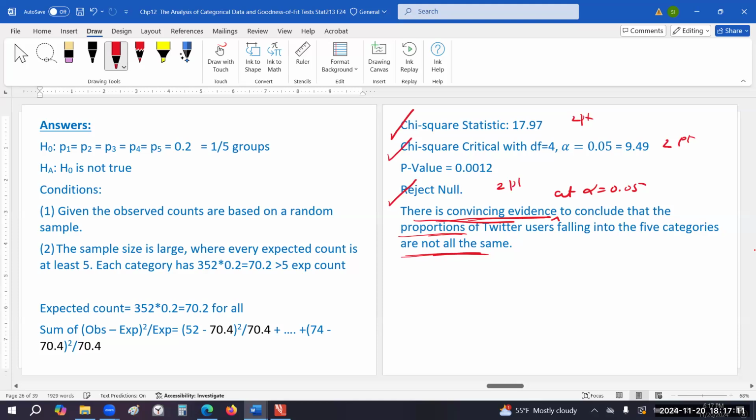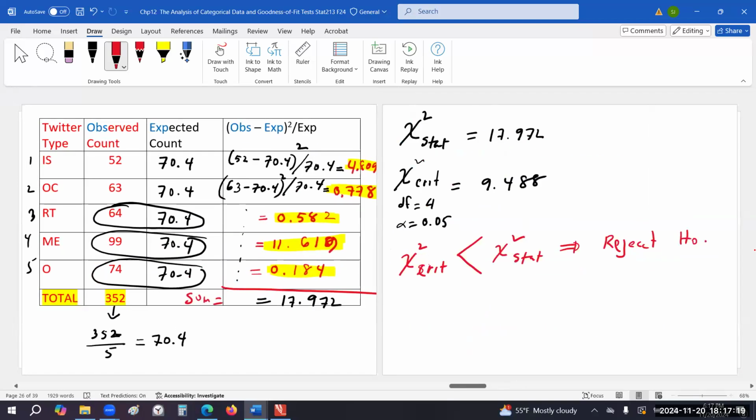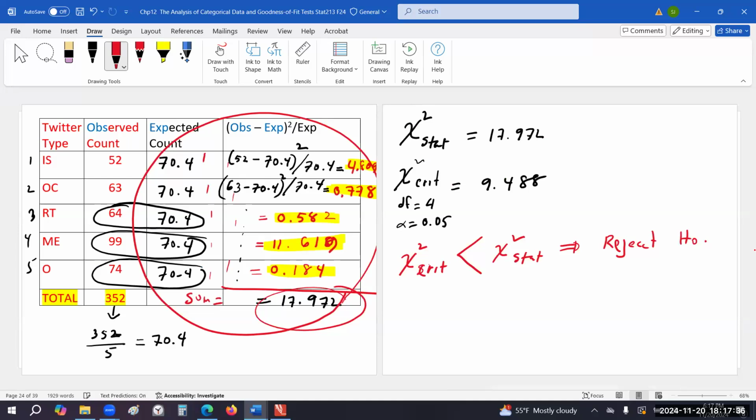So probably this will be 2 points, and stating a conclusion will be 2 points. And filling out the entire table will have 1 point for each blank space.